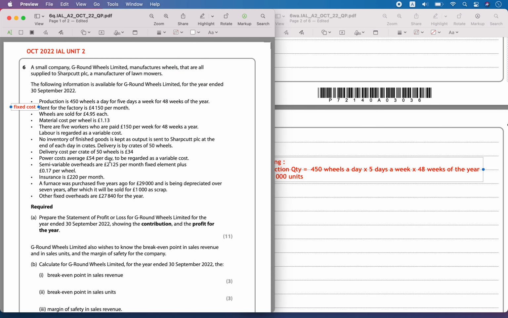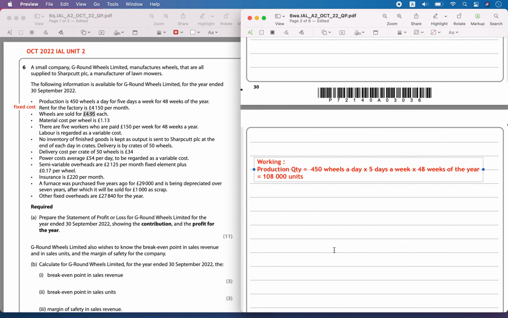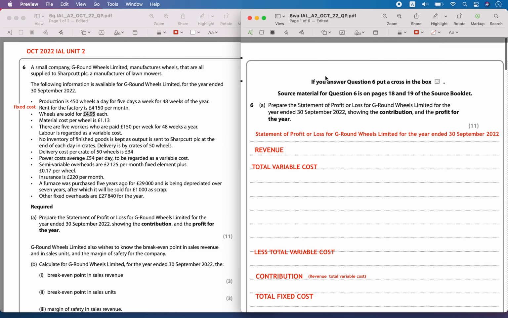Then the wheels are sold for 4.95 each. So you have the production quantity times the selling price, and that is going to be equal to the revenue.